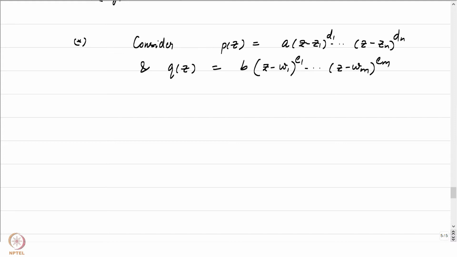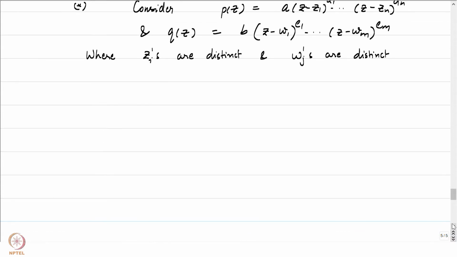Suppose we have two such polynomials where the zi's are distinct and the wj's are distinct, where zi's are distinct in the sense that zi is not equal to zj for i not equal to j, and similarly wj1 is not the same as wj2 for j1 not equal to j2.